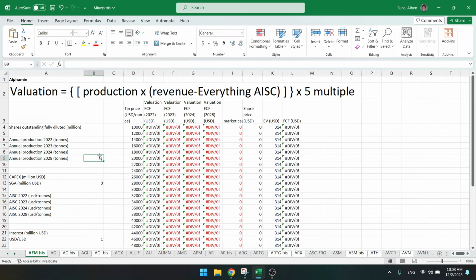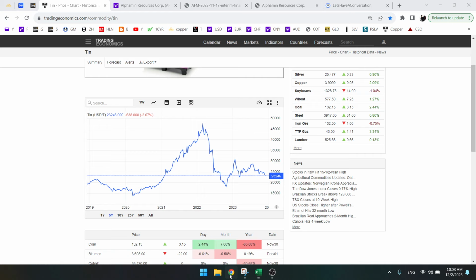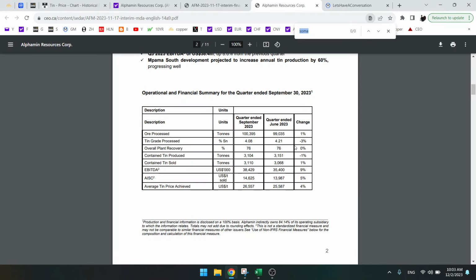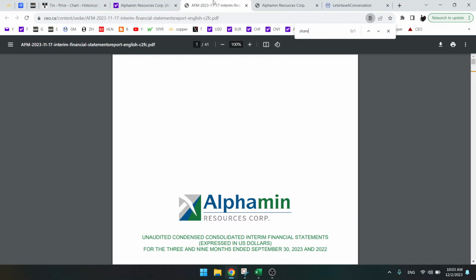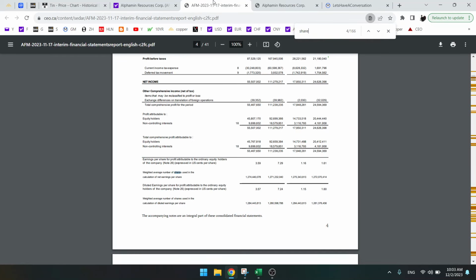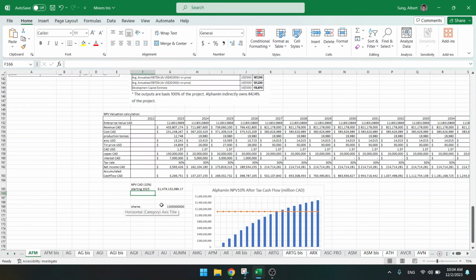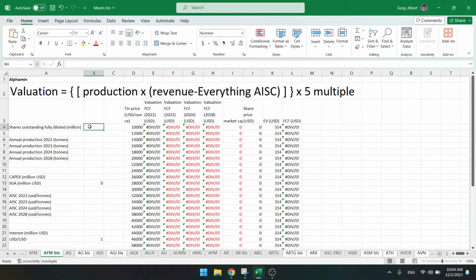Okay, so let's start with share count. That is the first thing you need to do. Search the share count. So I see 1.284 billion. Let's use 1.3 billion, right?